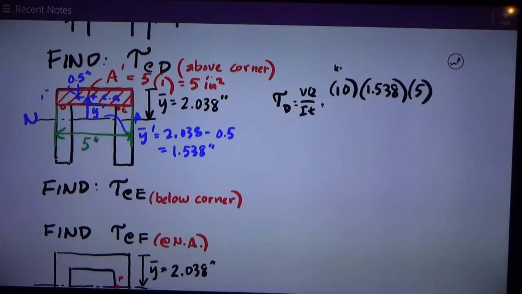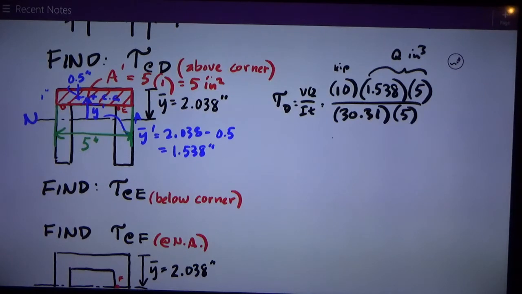This whole thing multiplied together is Q, and that's in inches cubed. On the bottom I have I, 30.31, and the thickness at that section is 5 inches.